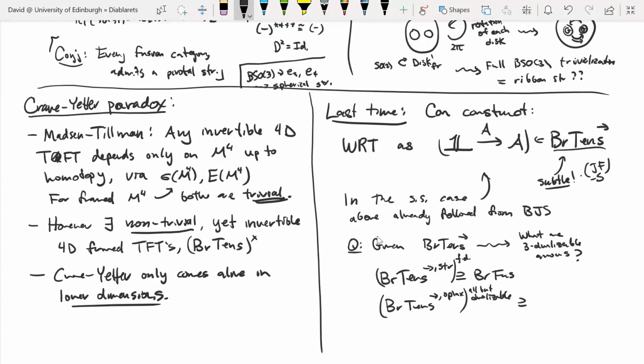And that can contain non-semi-simple finite braided tensor categories. And remember, all but dualizable just means that we can't add three handles. So these correspond to open TFTs, or non-compact.